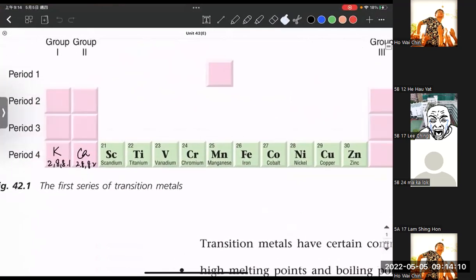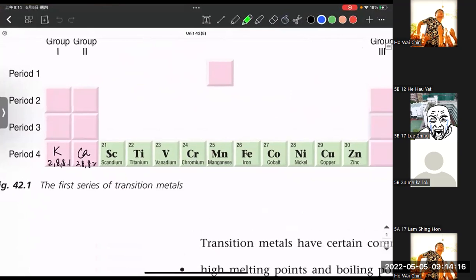For scandium, according to that diagram, the filling in should be 2, 8. Okay, because I fill in 4s here and then go back, it is calcium. For the last electron, it should go back to 3d. So because of that, the electronic arrangement is set as 2, 8, 9, 2.